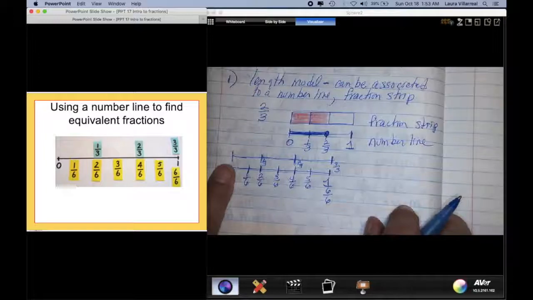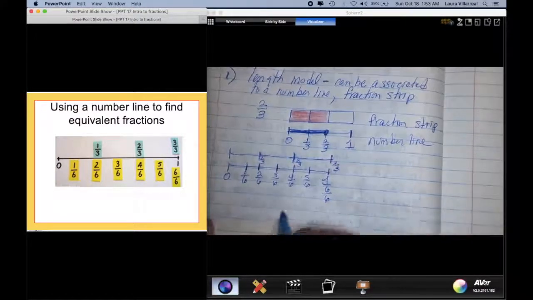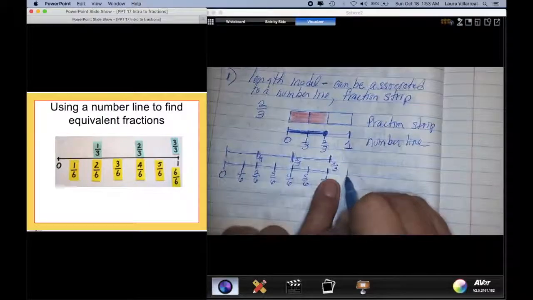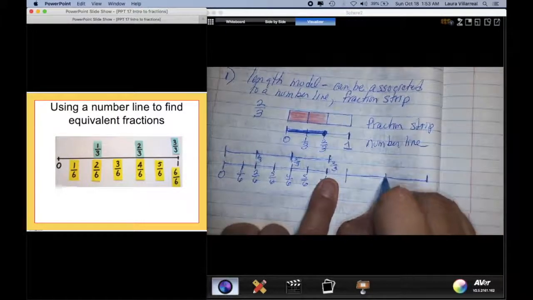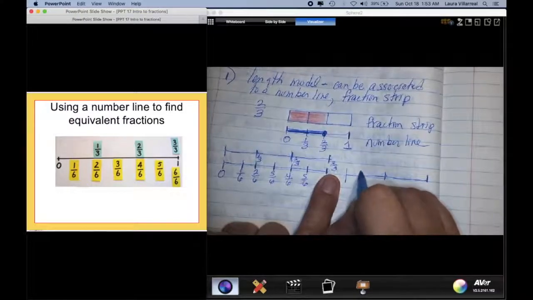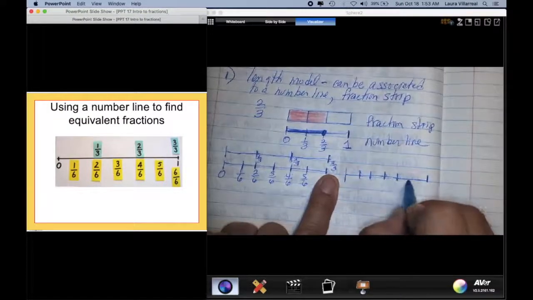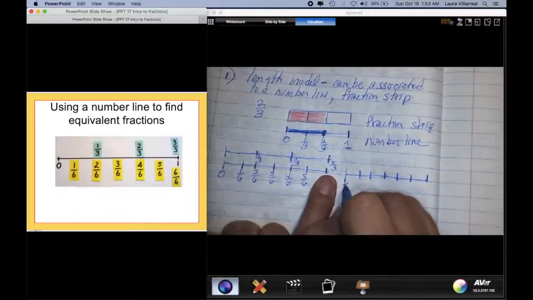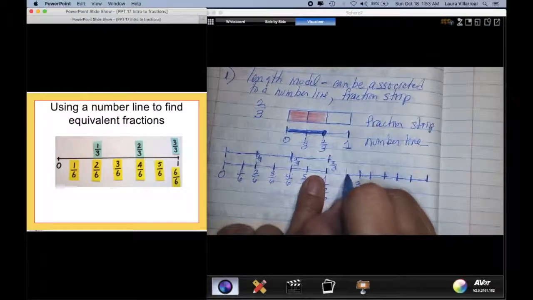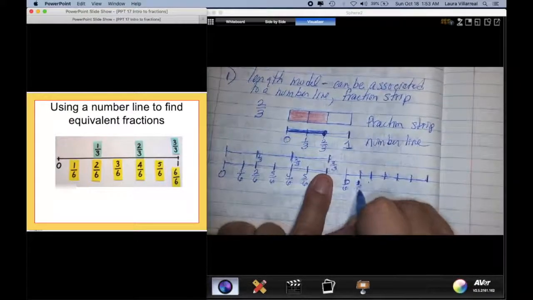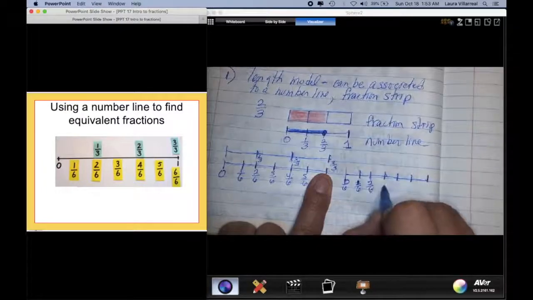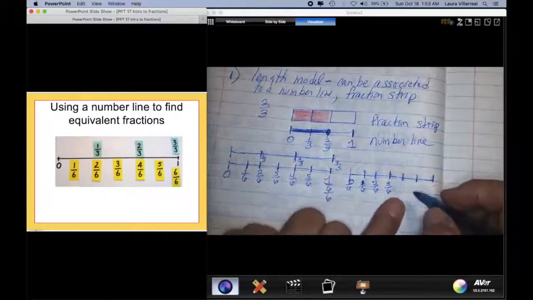I like the little pieces across the top. Let's redraw this one. Let's try it again. So starting in the center, 0, 1, 2, 3.